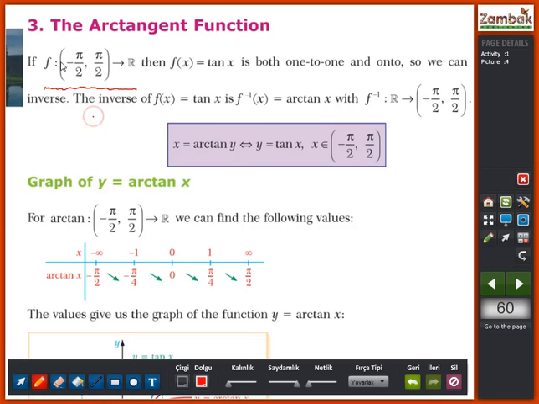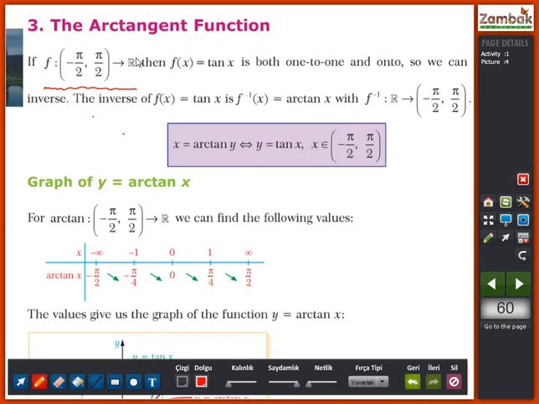Now, minus pi over 2 and pi over 2 are not included because for those angles, tangent is undefined. The range of the tangent is all real numbers, which means the tangent changes between minus infinity and plus infinity.